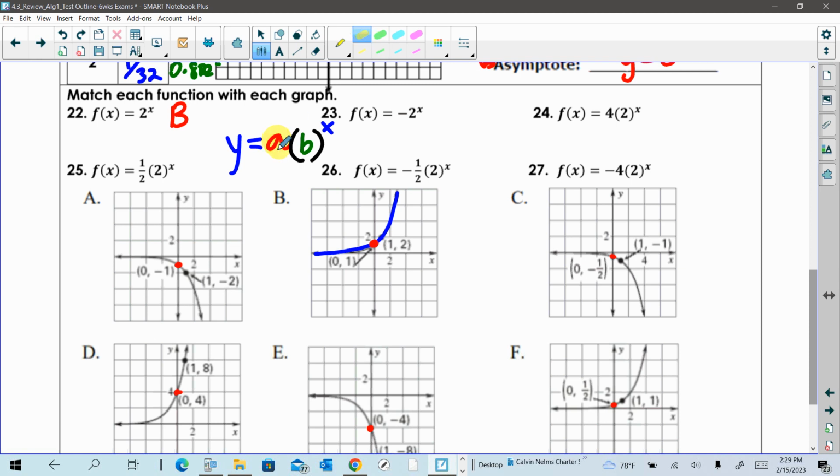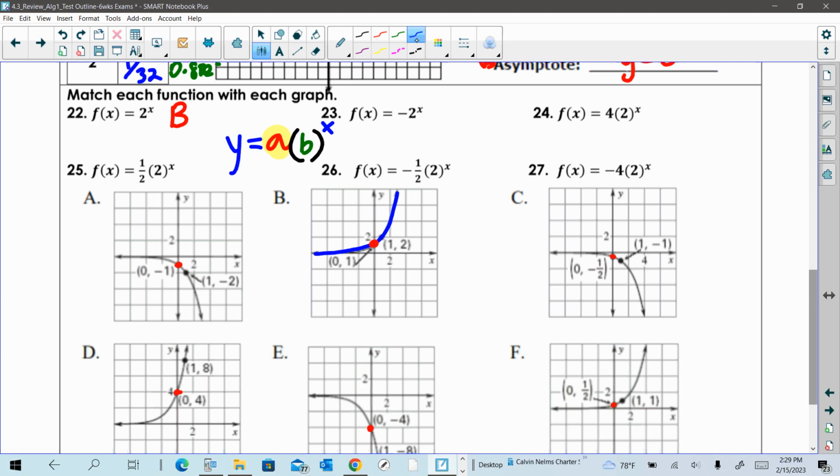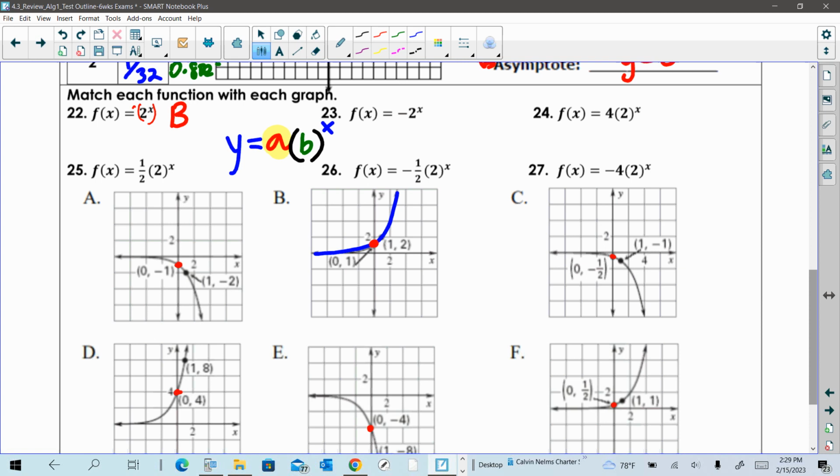So if I see a number in front of the base, that would give me my y-intercept. And I know, like on this first one, it doesn't look like there is a number, but there is. Because I could put this in parentheses like that, and then that would mean that there was an invisible 1 there, which is why our intercept is at 1. So here, there's an invisible 1, a negative 1 here. So that would make this one A.